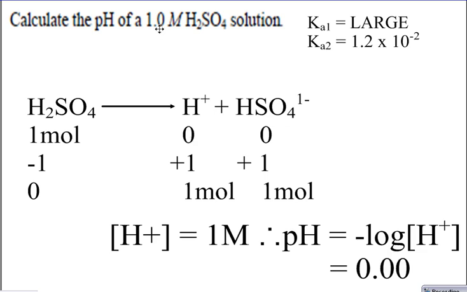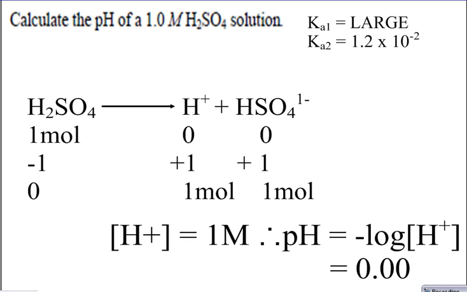Our problem has 2 sig figs, so our answer has to have 2 decimal places. Again, this is because this is concentrated sulfuric acid. Since this is concentrated sulfuric acid, the greater dissociation, being the first one, is going to be the only thing we factor in when we calculate the pH.